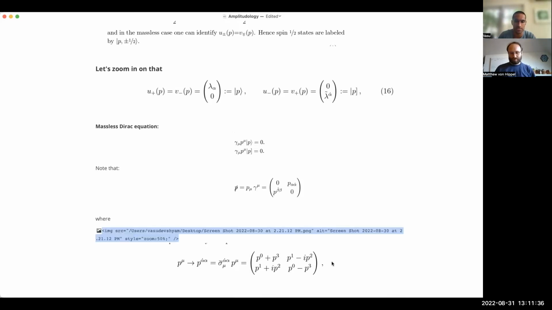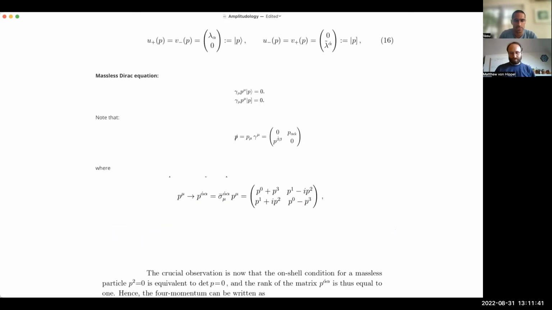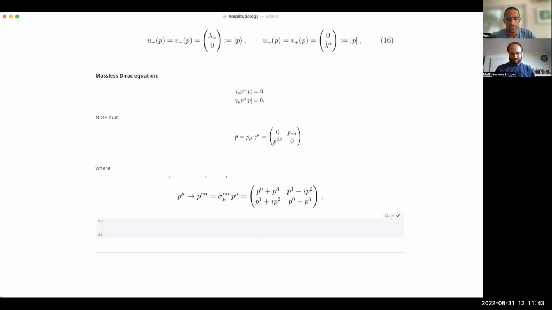And the basic observation here is that the Lorentz invariant thing, which is p squared, is basically given by the determinant of p alpha dot alpha.